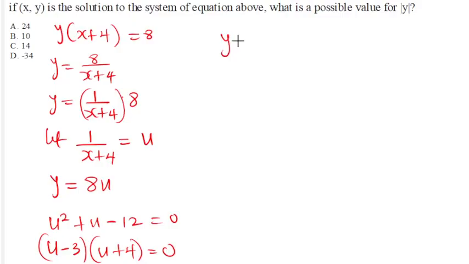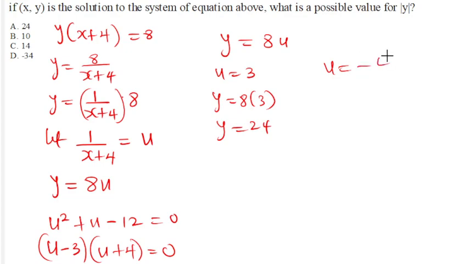But we know that y is equal to 8u. Then for u equal to 3, y is equal to 8 multiplied by 3, so y is equal to 24. Then for u equal to negative 4, y is equal to 8 multiplied by negative 4, and this gives negative 32.